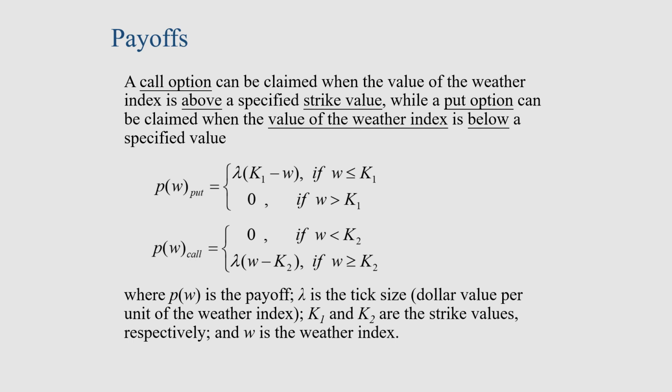So you get this kind of payout if the weather index is less than or equal to K1, and 0 if it is greater. A call option here is worth 0 if the weather outcome or the weather index used in the financial instrument is less than the strike value, and equal to lambda, where lambda is the tick size, so the dollar value per unit of the weather index, times the weather outcome minus the strike value, if the weather index is greater than the strike value.